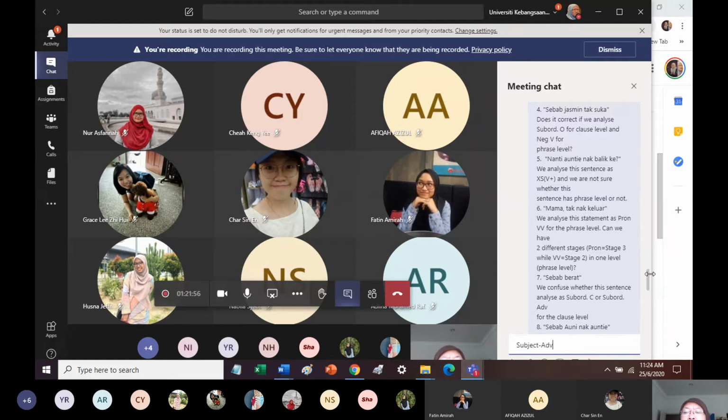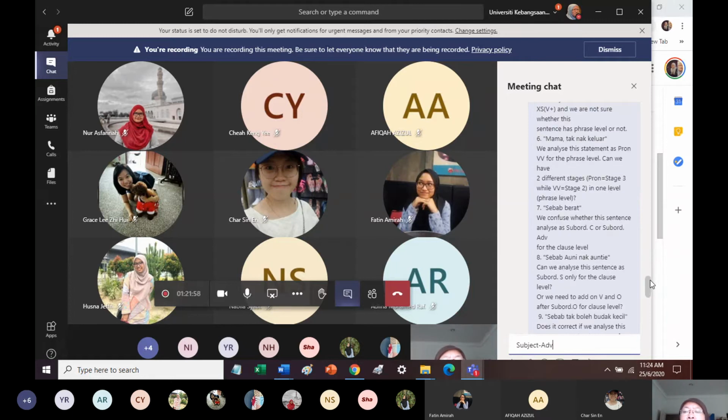Okay. Two different stages. Pronoun, yes. Because sometimes, like I said earlier, one consideration is the structure itself. So "nak" actually has three places. It depends on what kind of "nak". Never mind which stage, it can mix stages for the structure, but when we discuss the clause, it will stick to the number of elements in the clause.